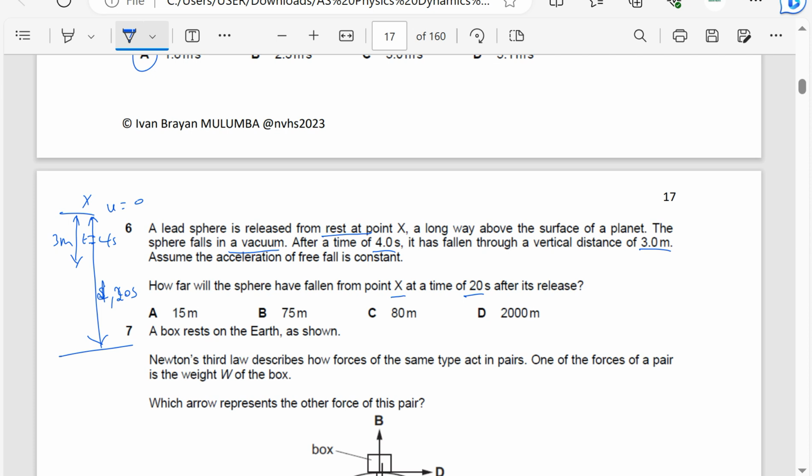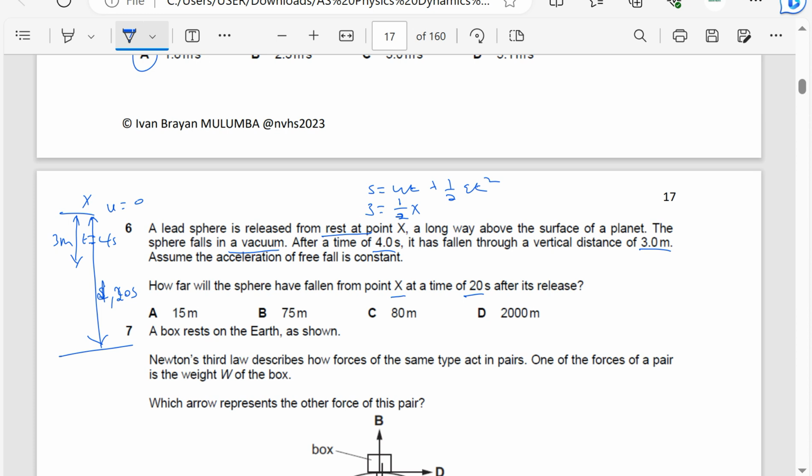So using s equals ut plus a half at squared. For a distance of 3 meters, initial velocity is 0 since it starts from rest. So this will be equal to a half times the acceleration. We don't know the acceleration on that planet, so we do not consider it to be Earth.